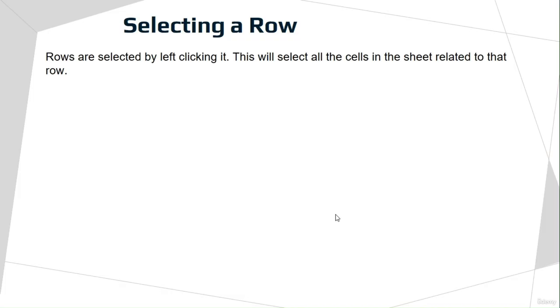The last operation is selecting a row. Rows are selected by left-clicking it. This will select all the cells in the sheet related to that row. For example, to select row 2, click on its number in the row bar. Let's look at this.